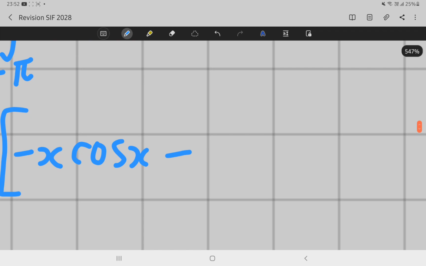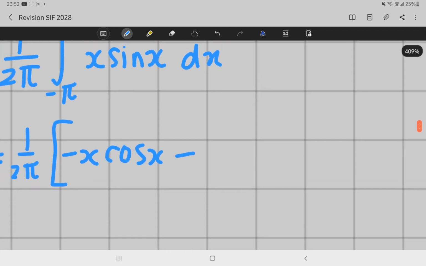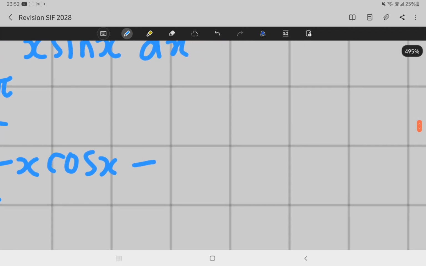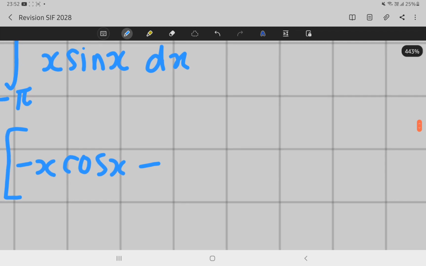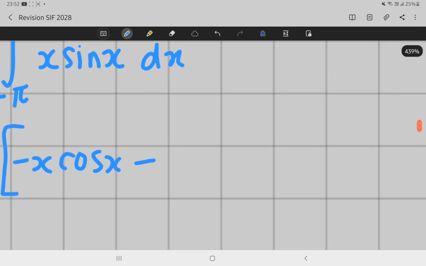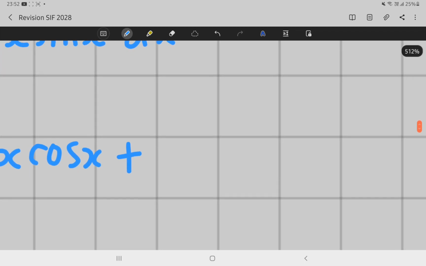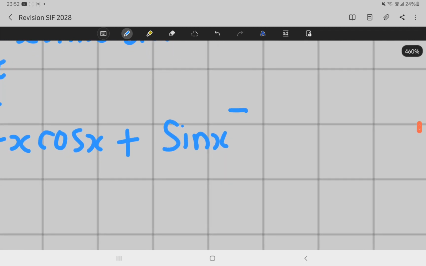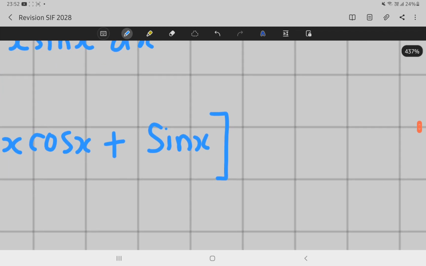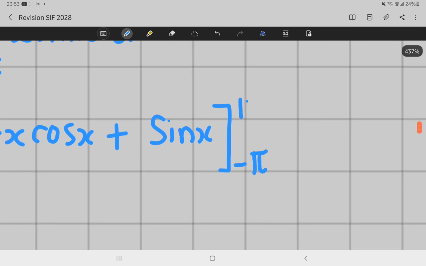So minus, okay, derivative of x is 1, integration of cos, so integration of minus cos is minus sine, so plus sine of x, evaluating from minus pi to pi.